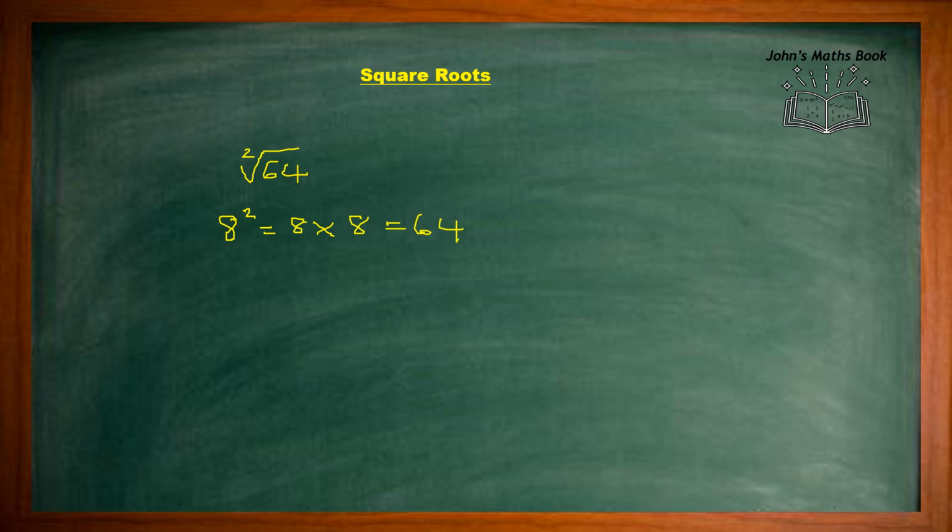But also 8 squared is equal to minus 8 times minus 8, which is also equal to 64. So therefore, the square root of 64 is equal to plus or minus 8.